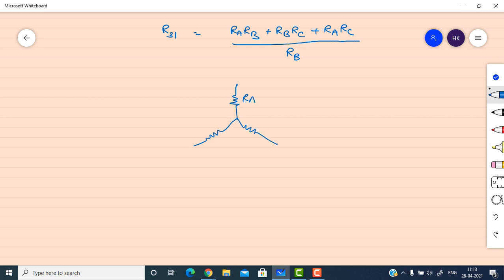This is RA, this is RB, and this is RC. The unknown thing I am drawing with black color: R12, R23 and R31.